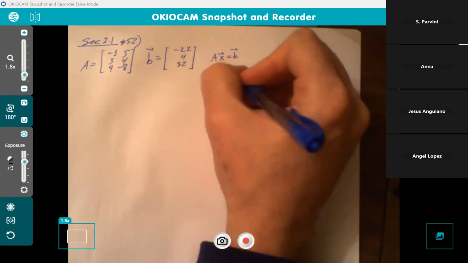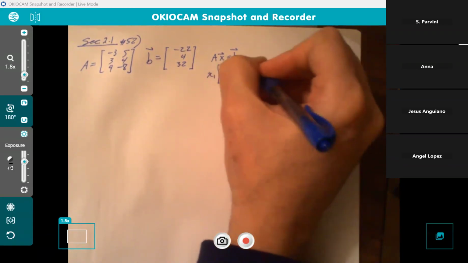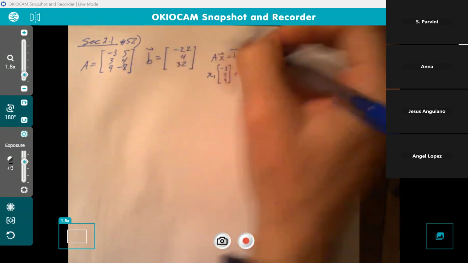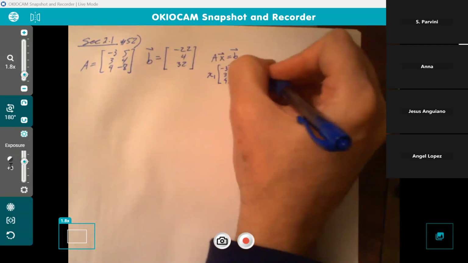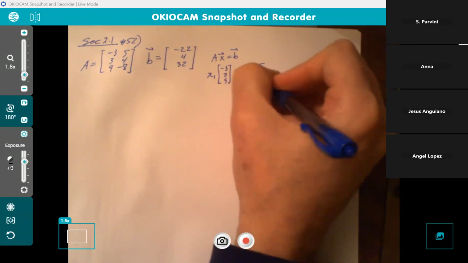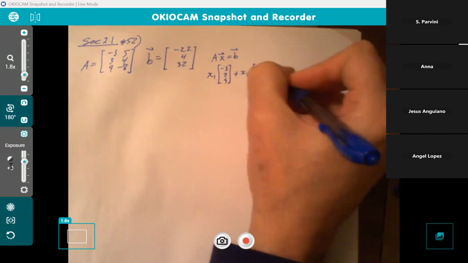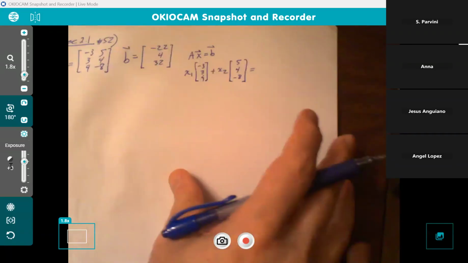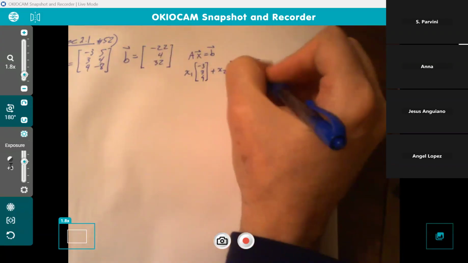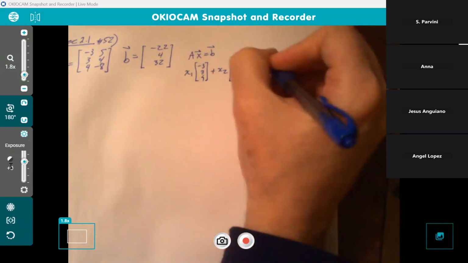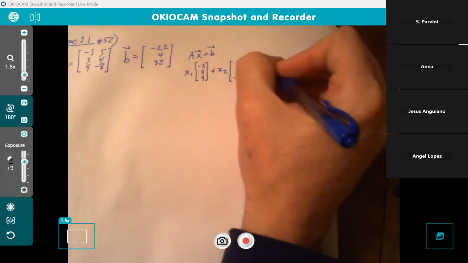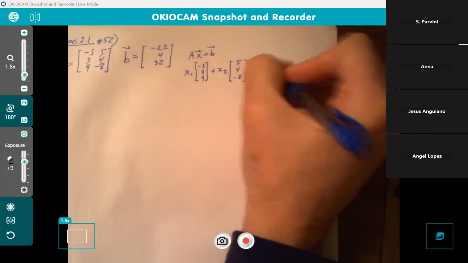And plus X2 times the second column of A. That's going to be 5, 4, and -8. And that's going to equal matrix B. So that's what we mean by linear combination, folks. -22, 4, 32.